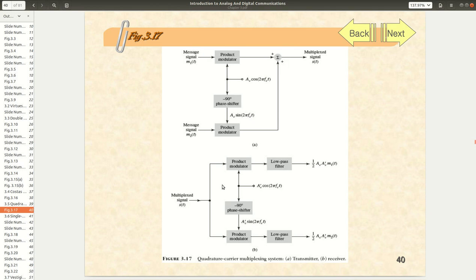On the other side, I apply the coherent detection, one time with cosine and one time with sine, with the same idea. This is the normal cosine and sine, and you will recover 1/2 AC dash. This is the amplitude of the sinusoidal wave coming out of the oscillator, and here we have the m2 signal.